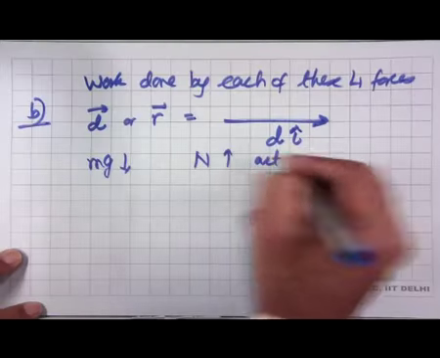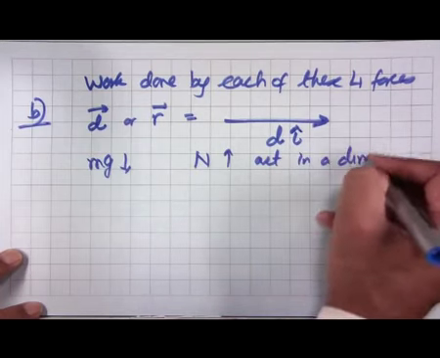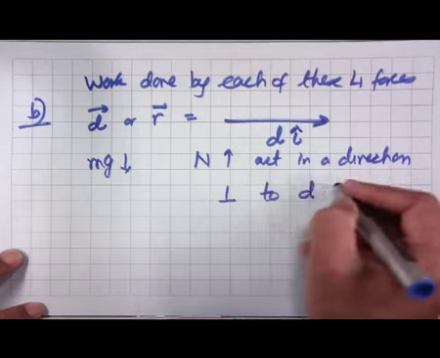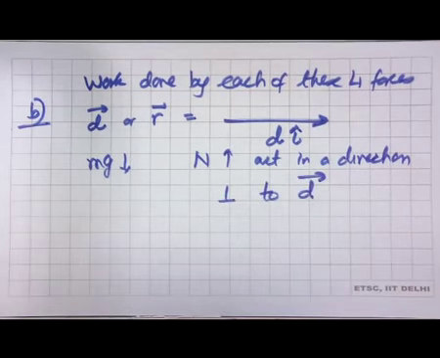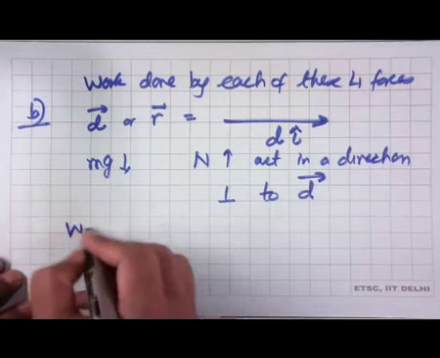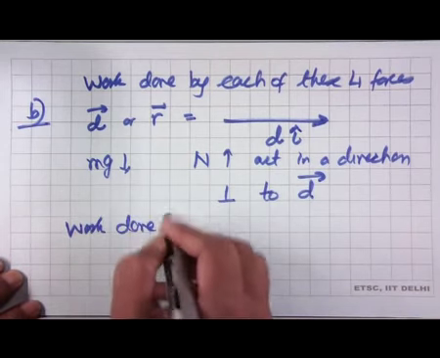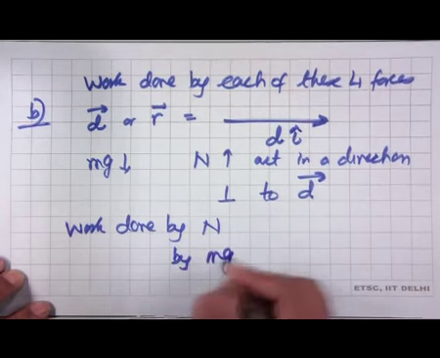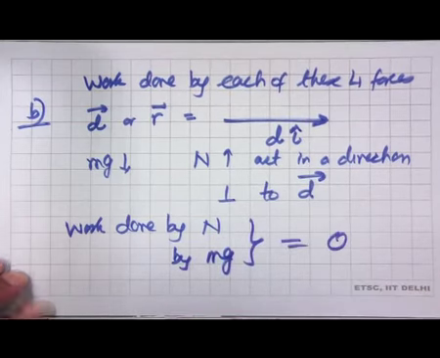Now, mg and n act in a direction perpendicular to the displacement d. Therefore, the work done by n and the work done by mg is equal to 0.